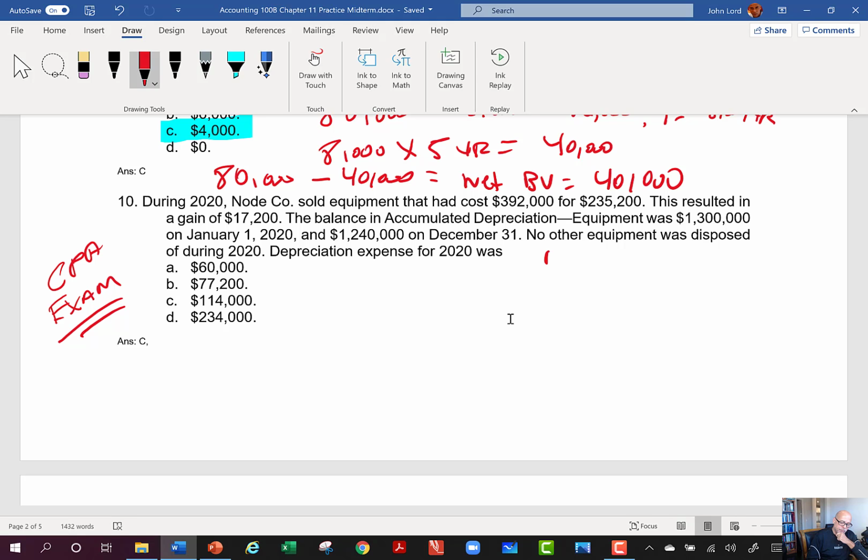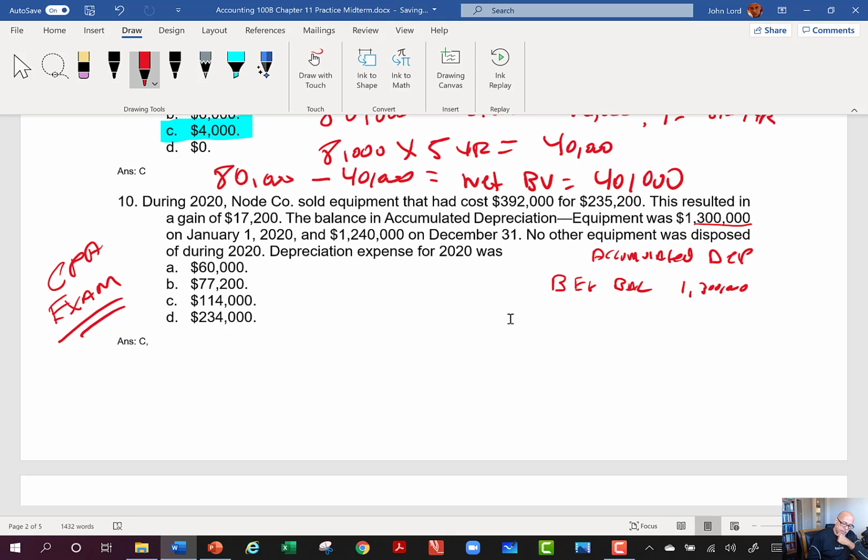So what happens? When you have the beginning balance, the account we're going to analyze here, I'm just going to write up at the top, accumulated depreciation is the account we're going to work with here. And we have the beginning balance, and the problem told me that the beginning balance was $1,300,000.